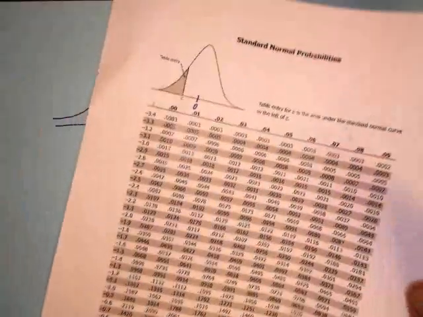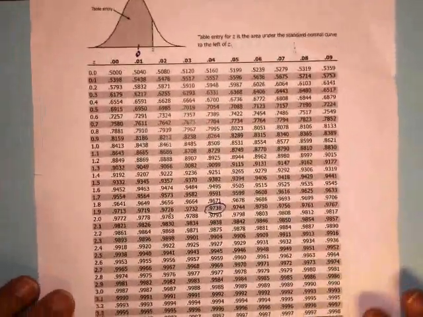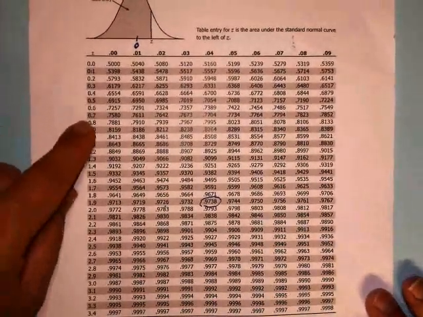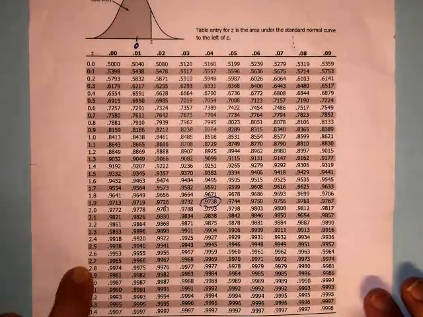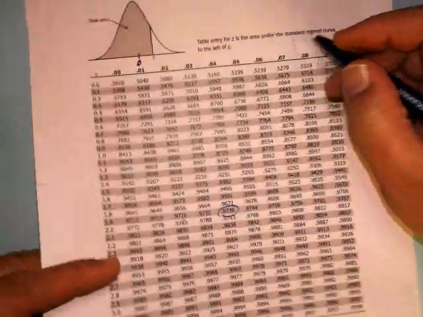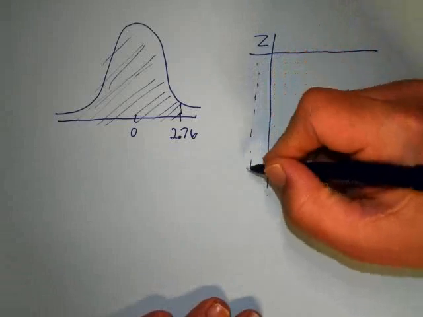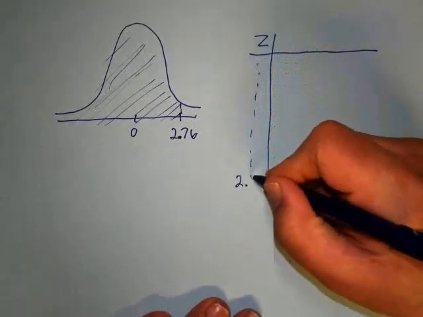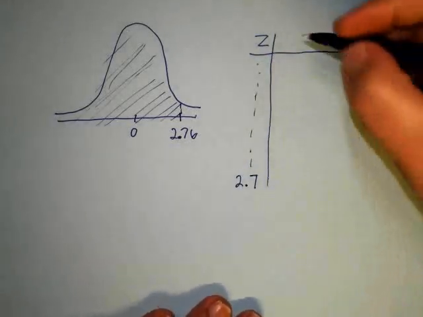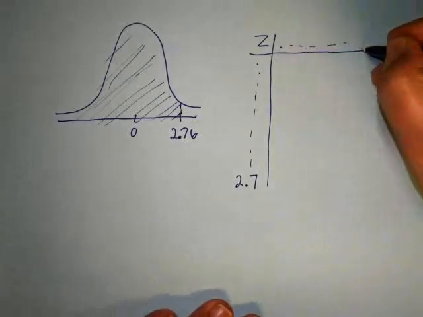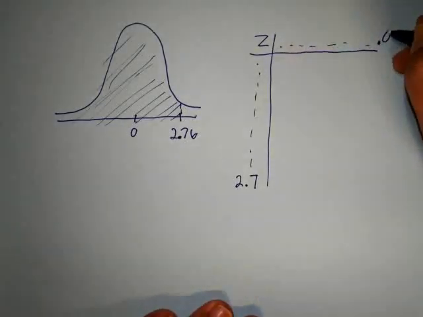Okay, so I'm going to take my table, flip it over to the positive side, and then I'm going to look down here till I get to 2.7 over to 0.06. So it'd be like this. I'm going to look down till I get to like 2.7 there near the bottom of the table. I'm going to look over here till I get to like 0.06.